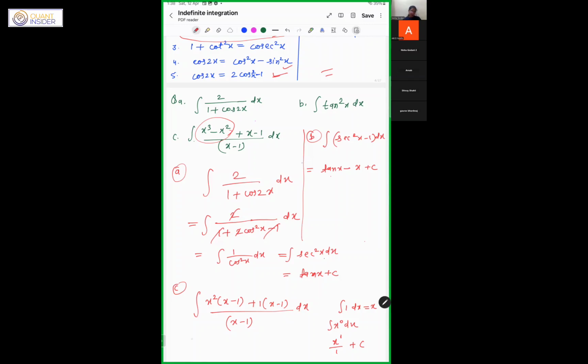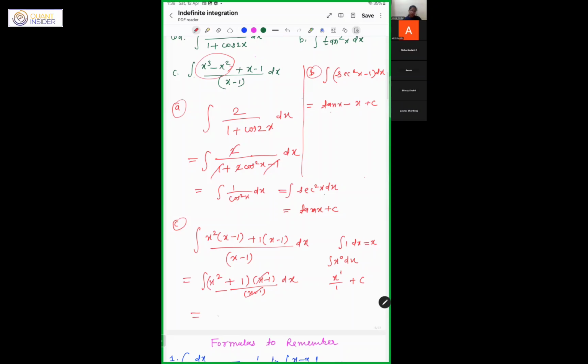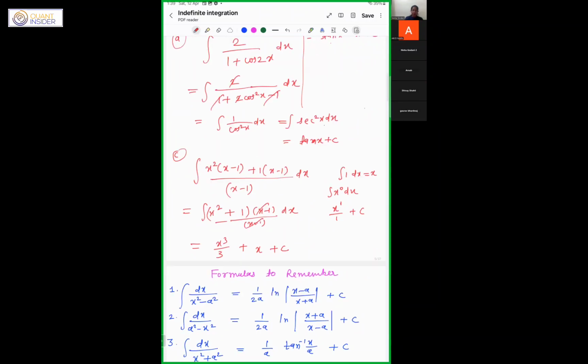Now you can divide by x minus 1 in both, so you have x square plus 1. Or you can take x minus 1 common like this. Now x minus 1 cancels out. So you have x cube by 3 plus the integration of 1 is x, and then plus c. Okay, yes or no? So in this way you can do integration. So these are some examples based on formulas.